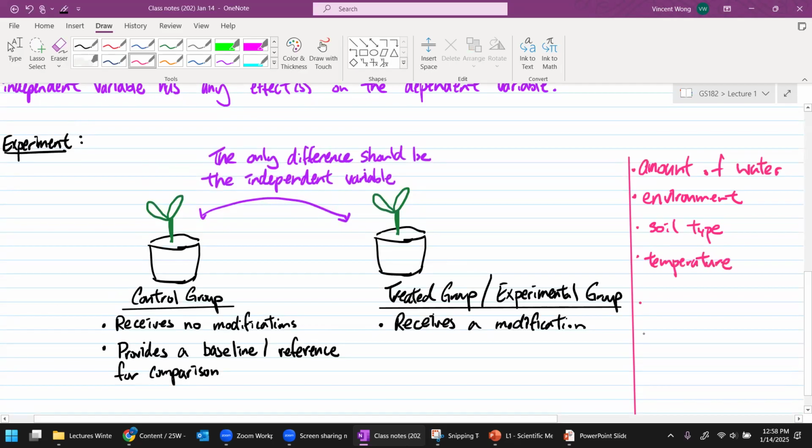Okay, maybe a few more. Same kind? Oh, yes, sorry. Yeah, same type of plant. You don't want to do lettuce versus celery sticks, because they grow differently. Same type of plant. One more, maybe.